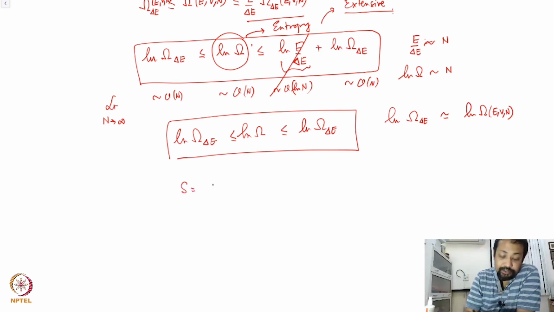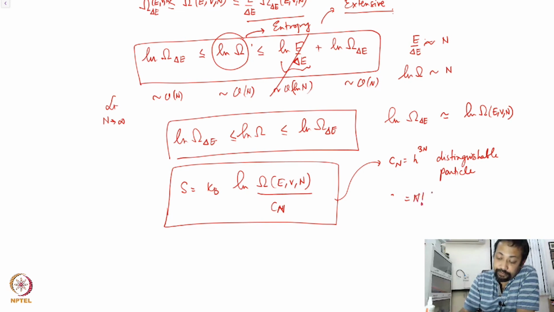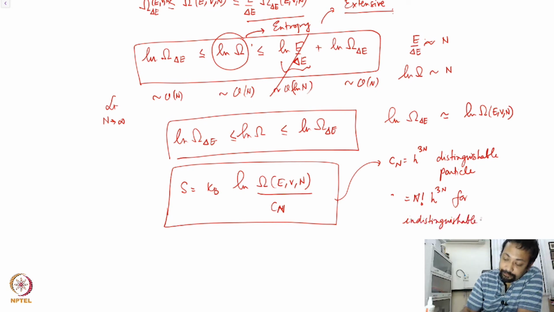So we rewrite our expression for entropy as k B ln of omega E V N divided by C N. We shall come back to C N, but right now it suffices to say that C N is equal to h to the power 3N for distinguishable particles and is N factorial h to the power 3N for indistinguishable particles.